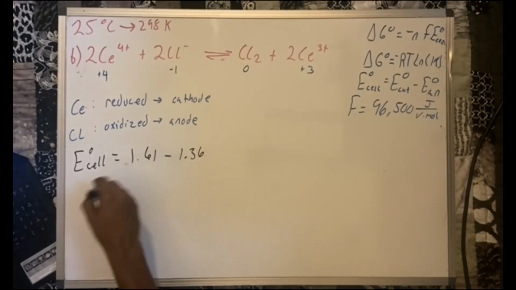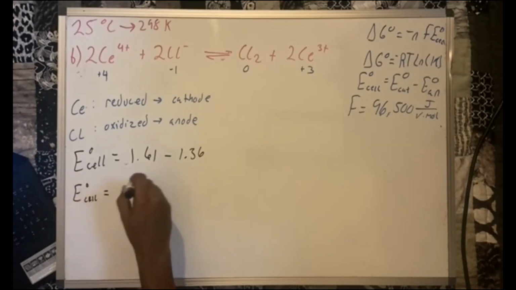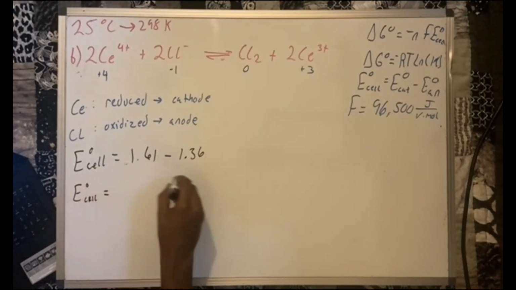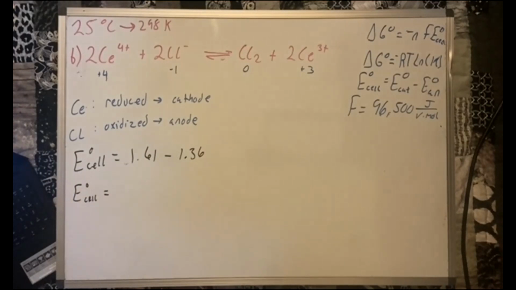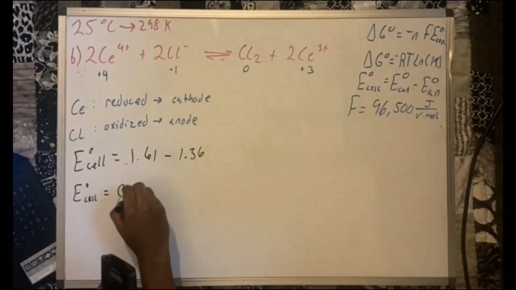No 2 right there. So E-cell naught is 0.25.